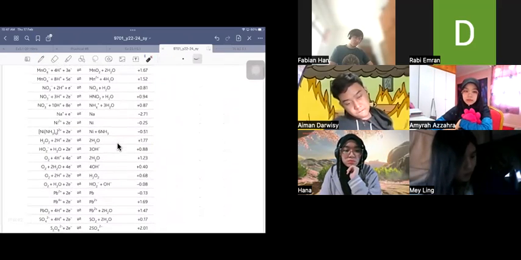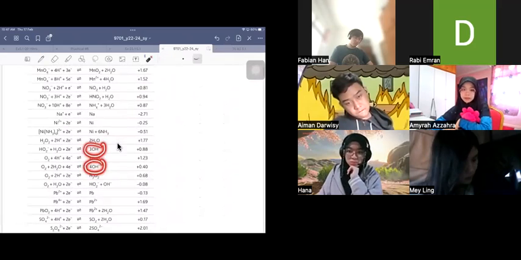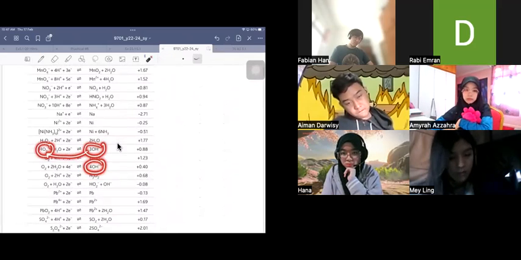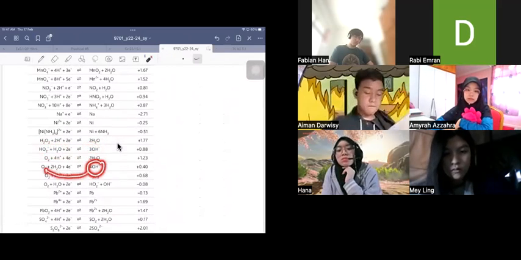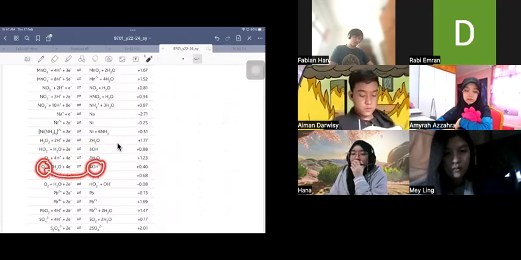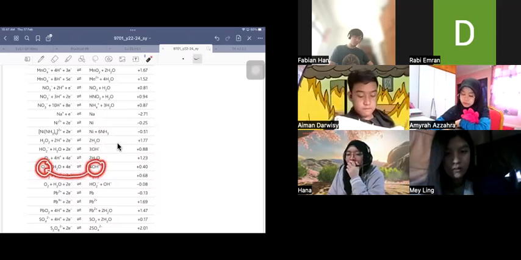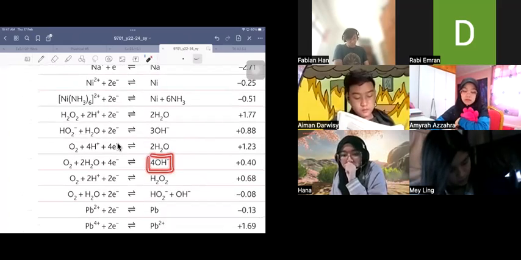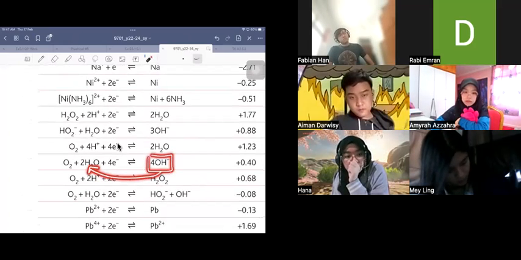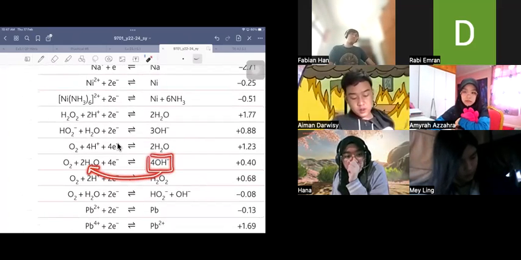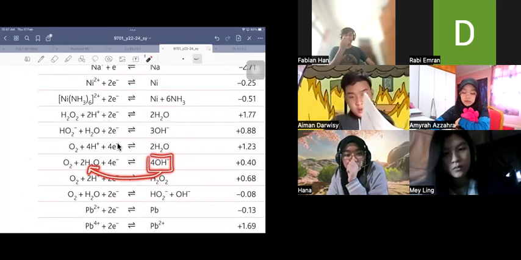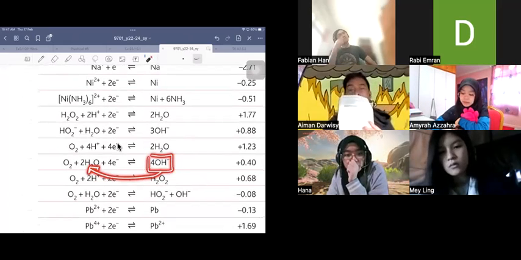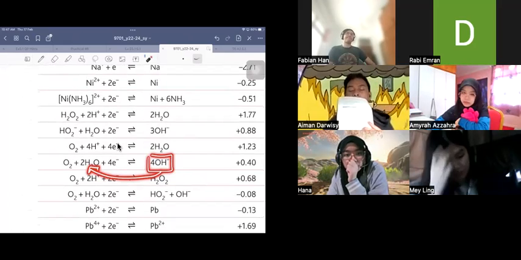You see here OH minus, but this one is producing HO2 minus, or producing H2O. You don't want that. You want the OH minus that produces oxygen. So you have to be careful with choosing the equation. So you choose 4OH minus to give you O2 plus 2H2O plus 4 electrons.